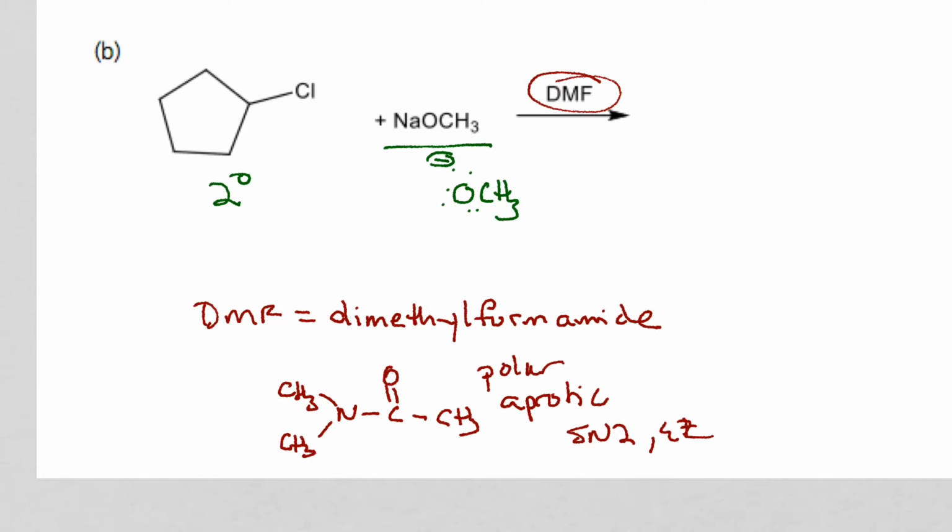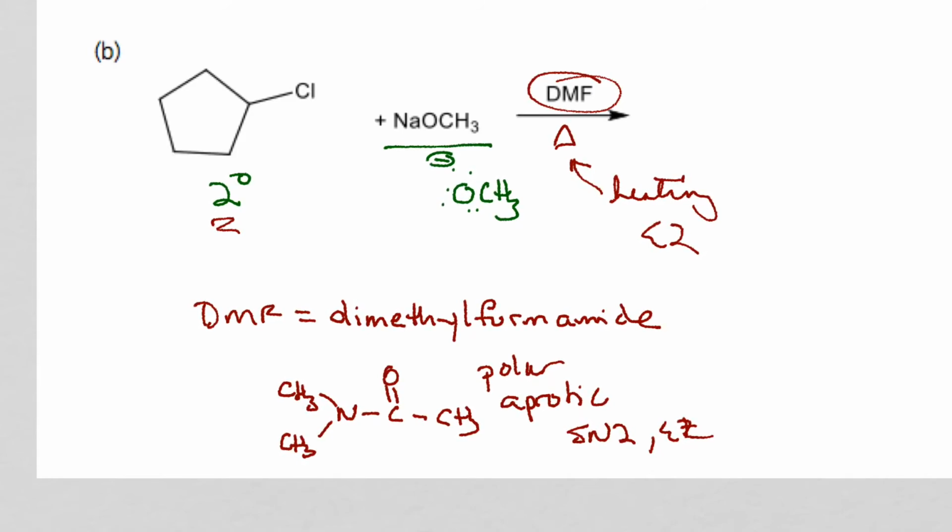Since we've got a really strong base and a somewhat sterically hindered substrate, this is primarily going to go via elimination. If I was writing this question, to drive home the point of elimination I would add a little delta under there to indicate that I was heating this up, which, as we've said, favors both E1 and E2, but in this case it's definitely going to be an E2 with the polar aprotic solvent and the strong base.